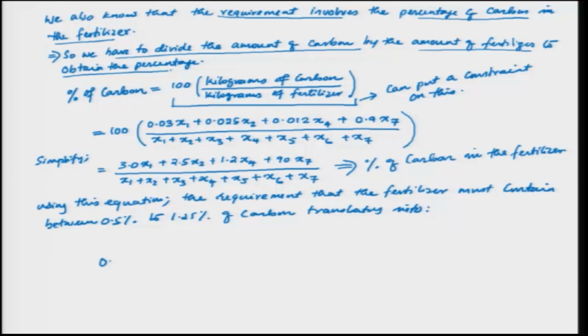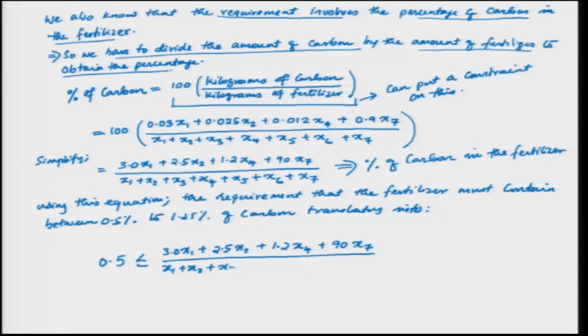We can write it as 0.5, because this is also in percentage, less than or equal to 3.0 x1 plus 2.5 x2 plus 1.2 x4 plus 90 x7 divided by x1 plus x2 plus x3 plus x4 plus x5 plus x6 plus x7. So this is the percentage of carbon less than or equal to 1.25. Okay. So these are all in percentages now.